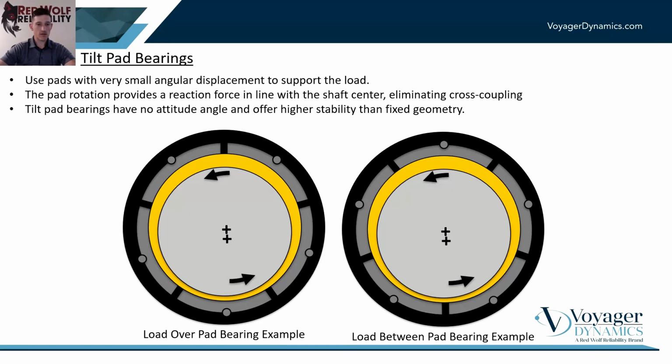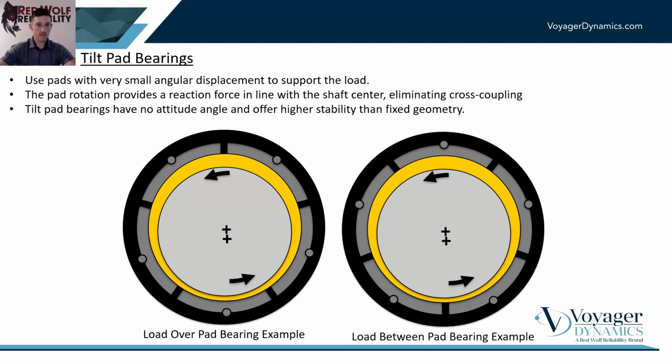But there's two main styles of tilt pad bearings that we need to talk about, and that's load over pad, which is shown in the picture on the left, and load between pad, which is shown in the picture on the right. So you can see in the picture on the left that gray semicircular pad is right below the shaft. In the picture on the right, there's two gray semicircular pads that are at an angle relative to that vertical.